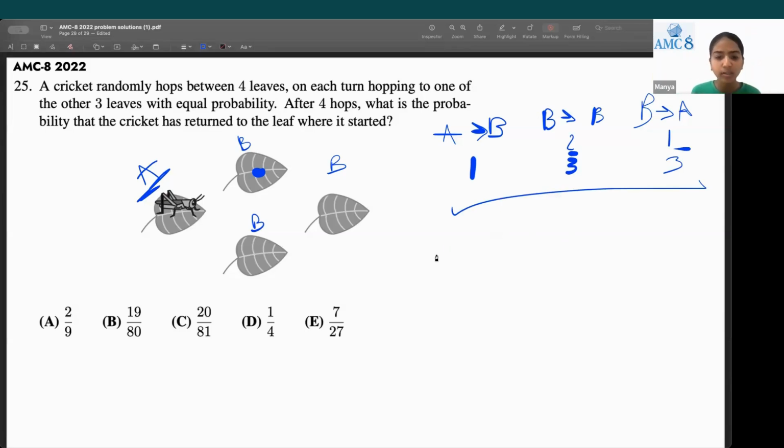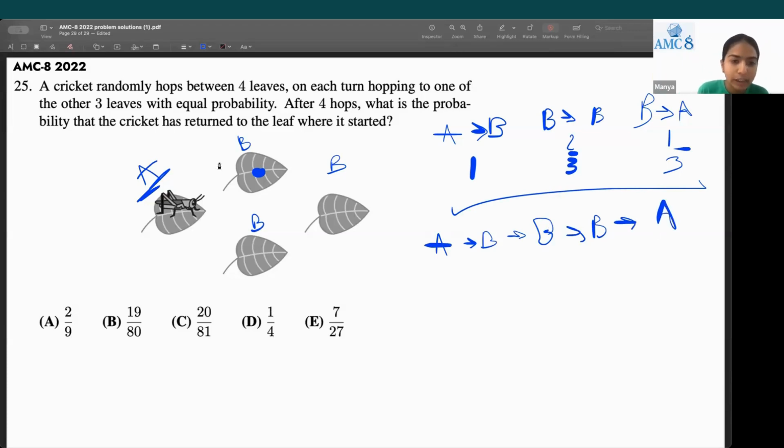Suppose it takes a whole entire loop. So A to B to B to B to A. Here, let me show you the cycle.